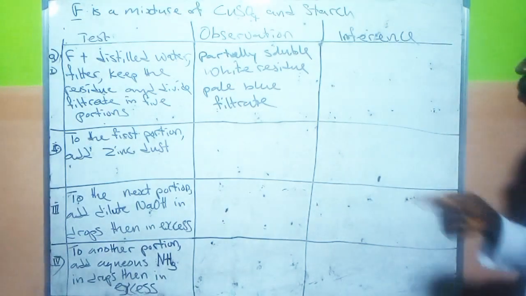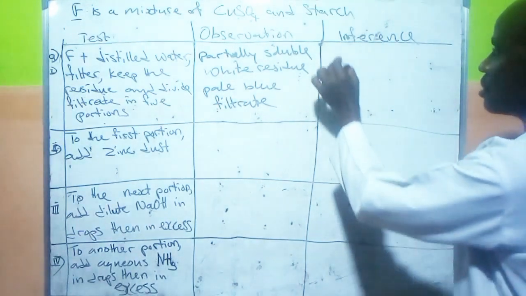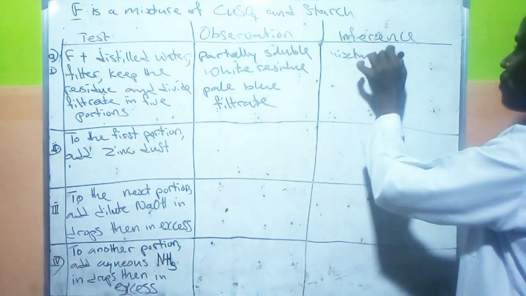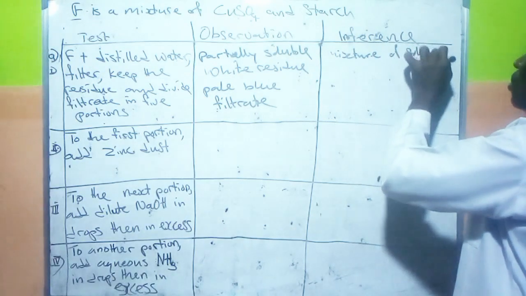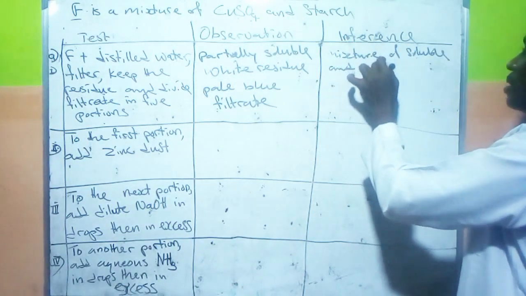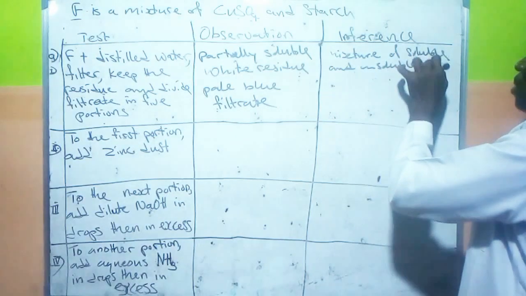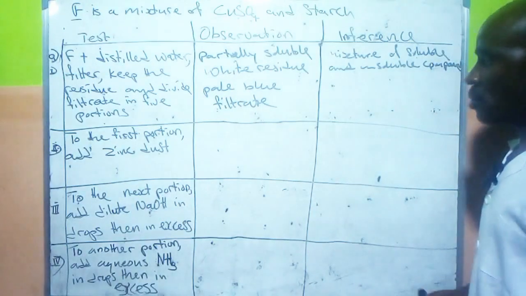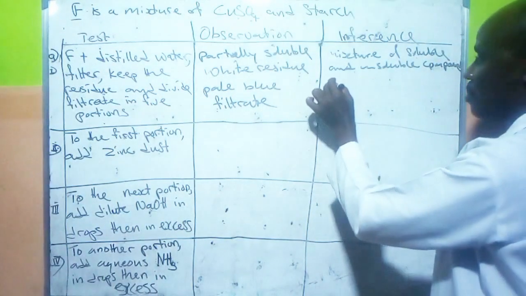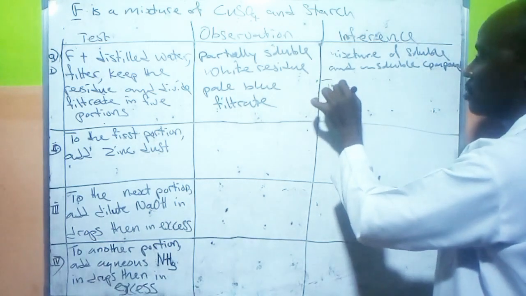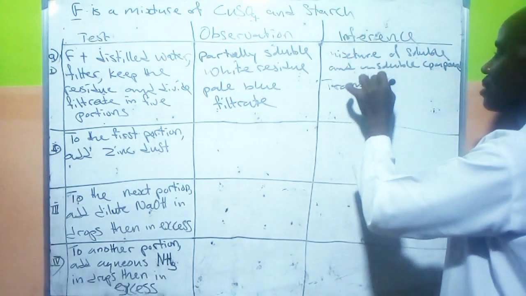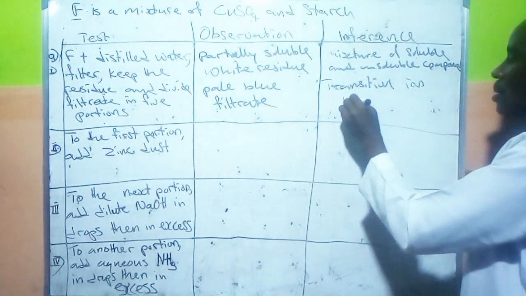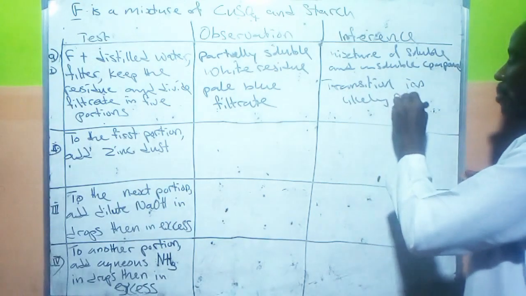So what should be going in here in the inference? That means it's a mixture of soluble and insoluble compounds. Having a pale blue color could mean that a transition ion is likely present.